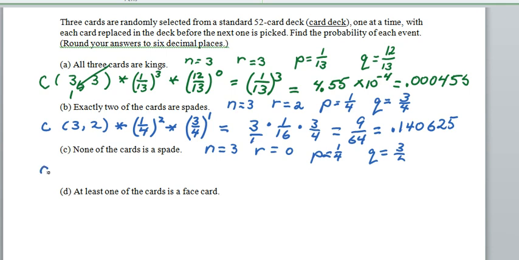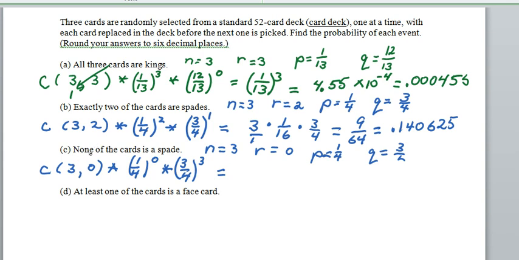So we have C(3,0) times 1/4 to the 0 times 3/4 to the 3 minus 0, which is 3.